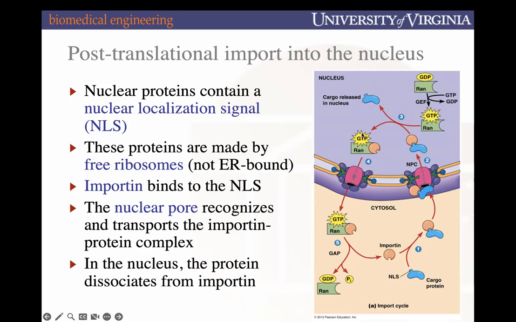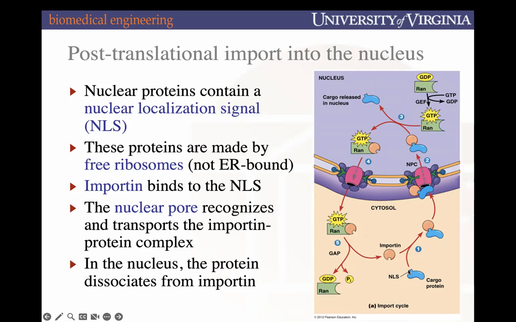The presence of GTP is important because once it's transported back out through the nuclear pore into the cytosol, GTP is hydrolyzed to GDP, and it will release importin. So the key thing to note is that importin binds to our translated protein that has this NLS sequence and carries it, so importin's concentration gradient carries it into the nucleus.